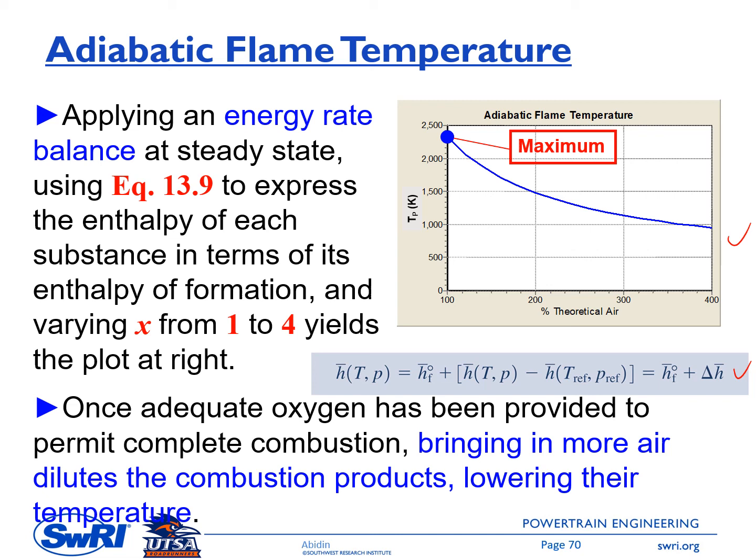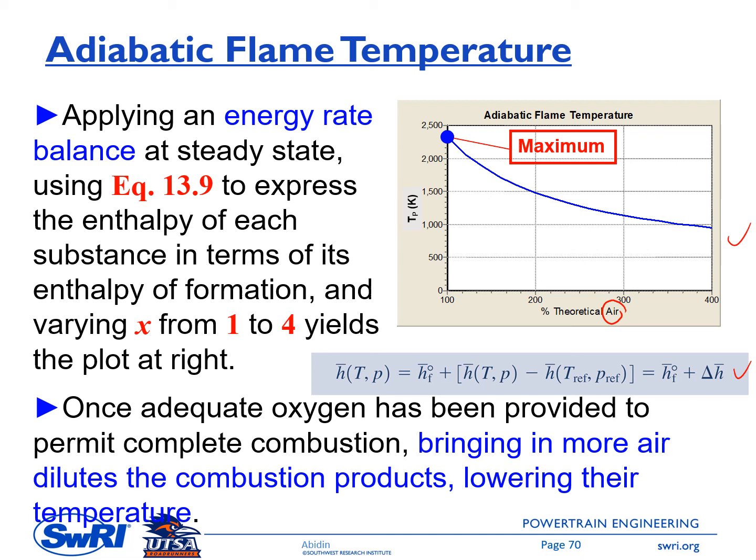So for sure, you need to do an iterative process to get the temperature, and you can see here from the plot, as we increase the amount of air, the adiabatic flame temperature decreases. It makes sense because we have more air that needs to be heated to a certain temperature, so therefore the overall flame temperature decreases.